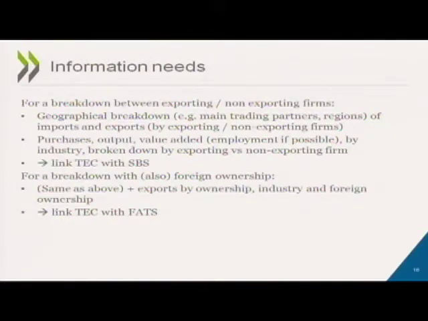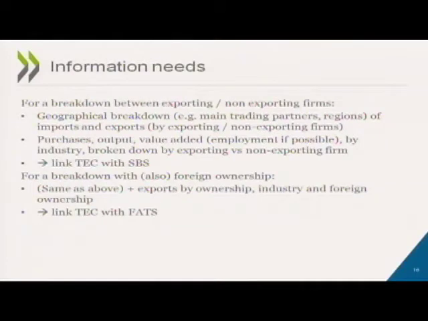If we want to make even further breakdowns and say, okay, we also want to control for foreign ownership, or for splitting out domestic and foreign-owned firms, we need the same list as above, broken down, of course, between domestic and foreign-owned firms. And in addition, we would need exports broken down by ownership, industry, and foreign ownership.